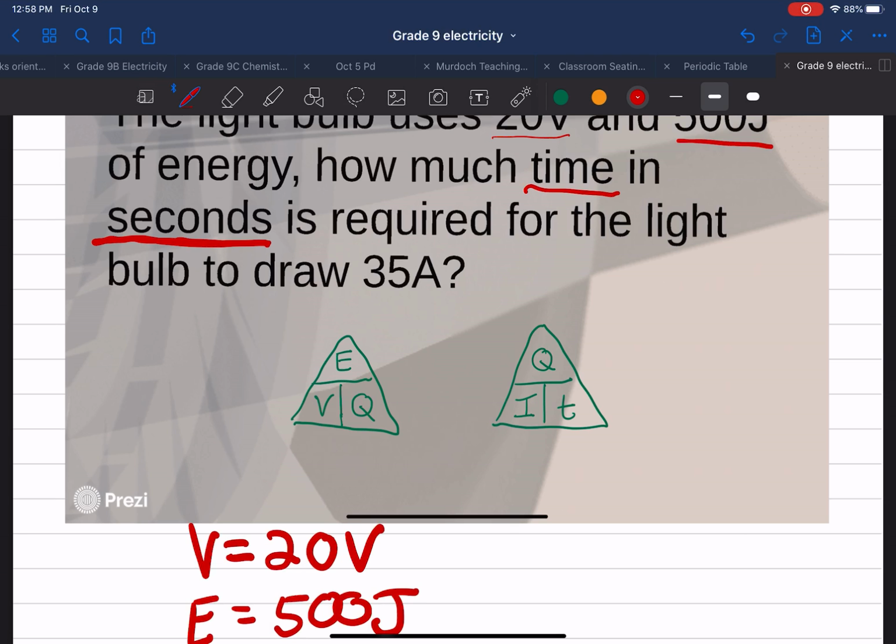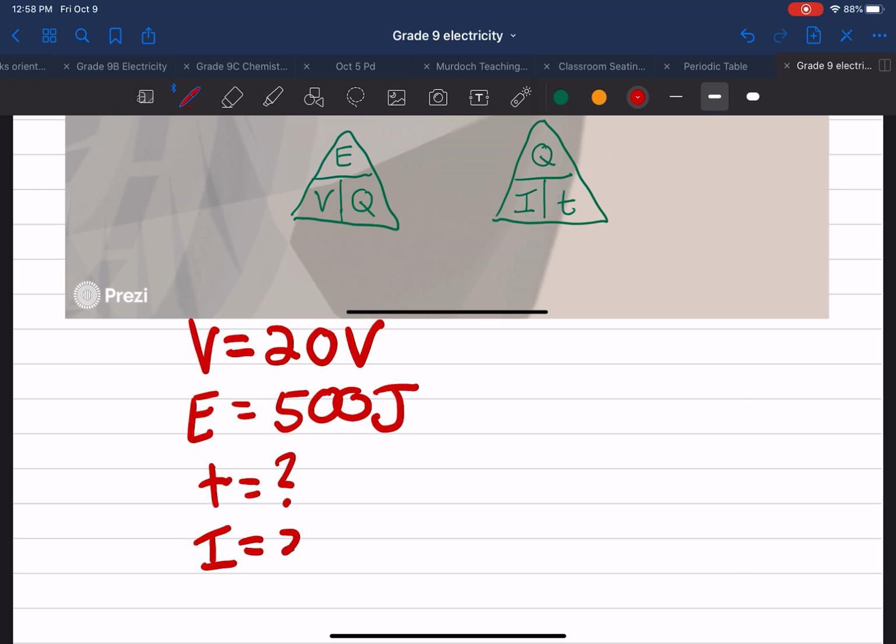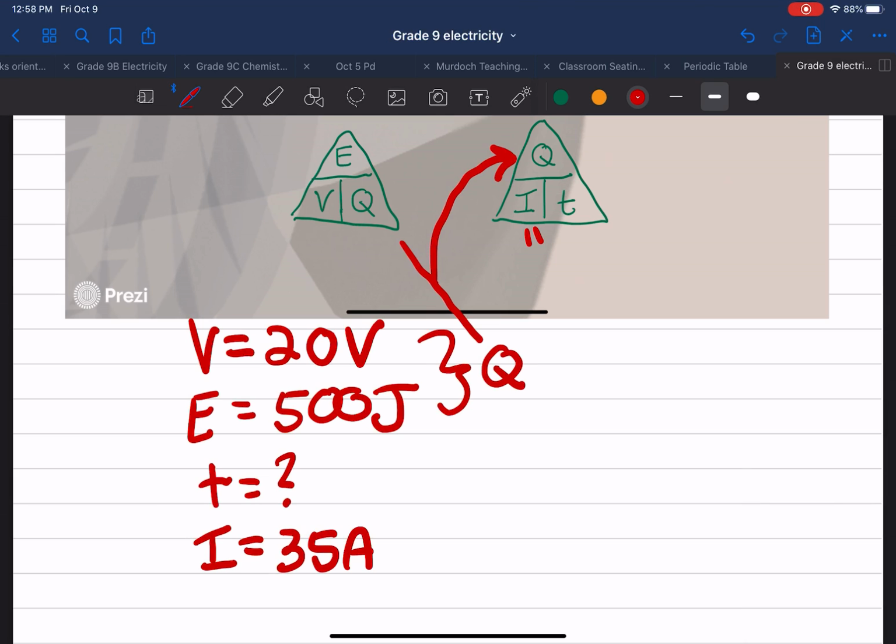Required for the light bulb to draw 35 A. So we're given I this time, 35 A. So it's the reverse of the problem. But first things first, we must solve for Q so that we can use it in this formula and solve for our unknown, which is time this time.